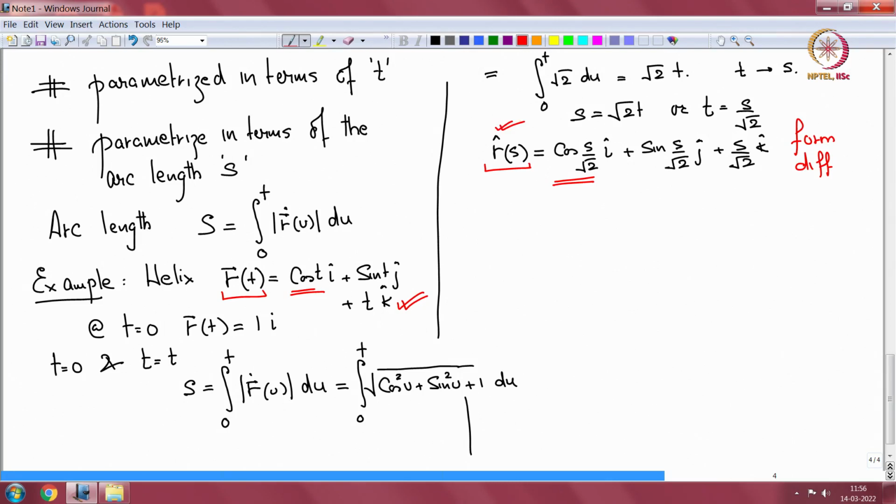So now the curve is parametrized in terms of arc length, s.